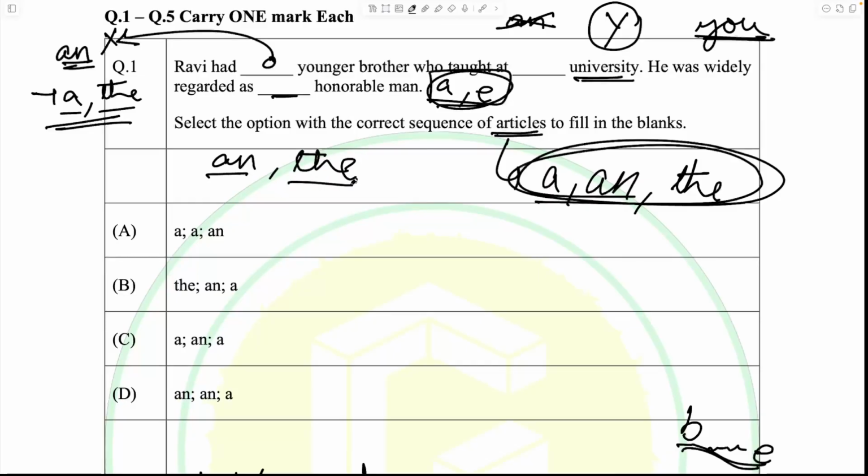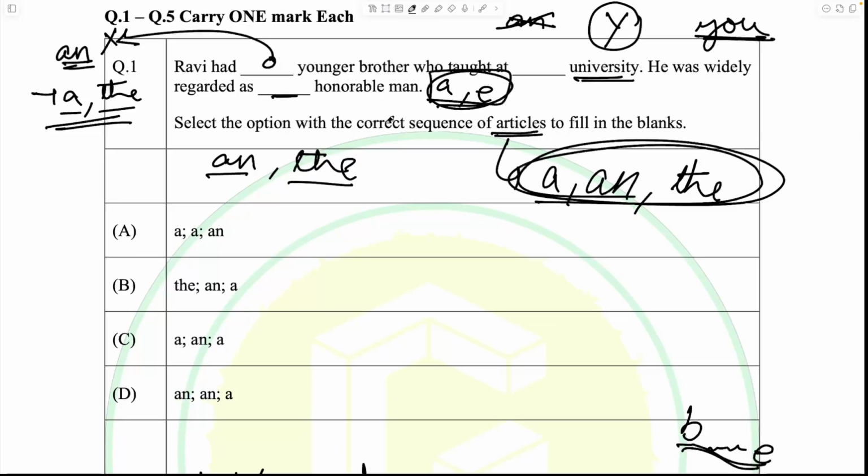Now let's see that if the is used here, then the would be used everywhere, right? Let's put the there and see how it sounds. Ravi had the younger brother who taught at the university. He was widely regarded as the honorable man, right? So it is very, very specific, almost so specific that it sounds sarcastic, right?